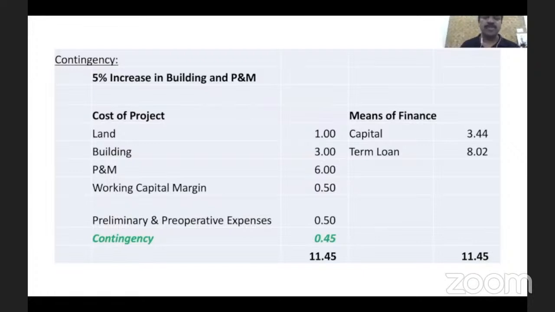So out of these items, that is land, building, plant and machinery, working capital margin, and preliminary expenses, on two items, mainly building and plant and machinery, there is a possibility the cost will undergo a change.